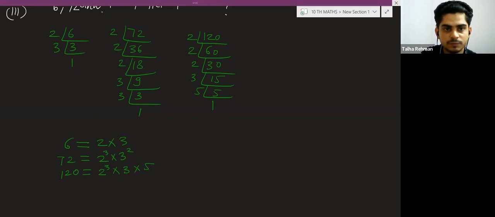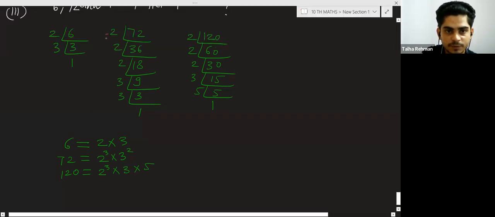So from here, this is 2 to the power 3, this is 3 to the power 2, and this is 2 to the power 3.